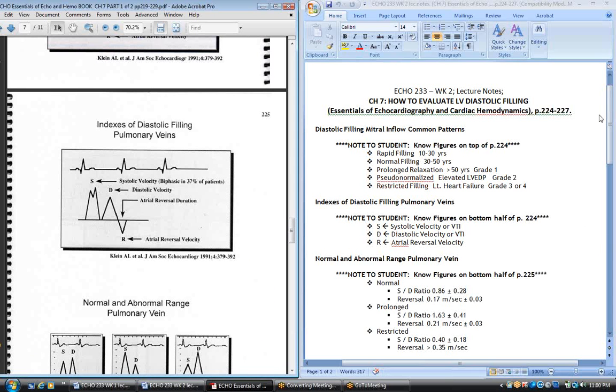Sometimes you'll have a situation where you have what's referred to as a biphasic, and they're quoting approximately 37% of patients. Your S will actually have 2 peaks instead of 1. That's normal. That's still considered a normal variant.